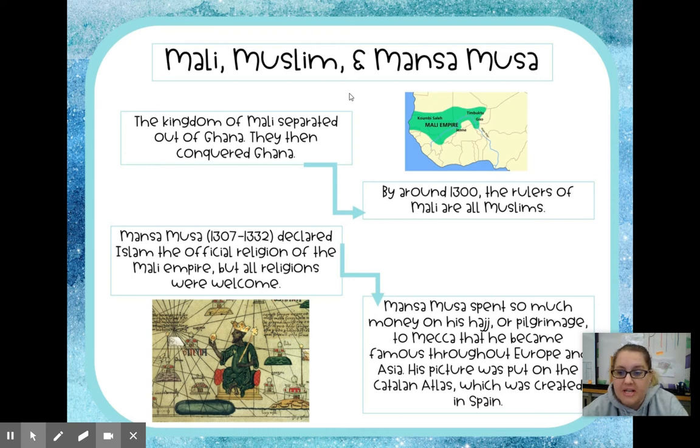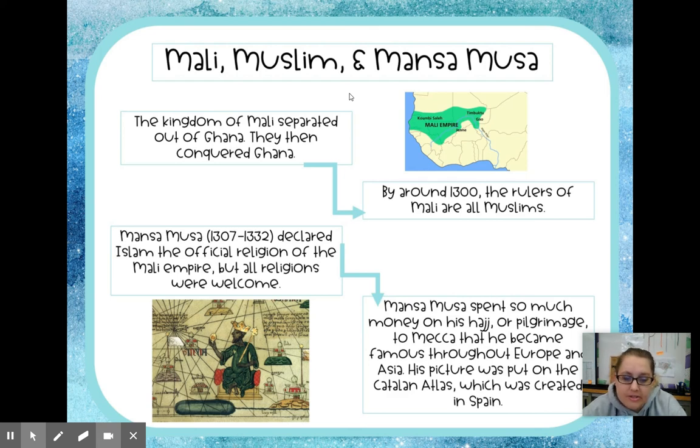So by around 1300, the rulers of all of Mali were Muslims. Okay, so those advisors managed to gain enough power and provide enough influence that the rulers eventually all converted to Islam as well. All right, so Mali is now a completely Islamic country or kingdom.